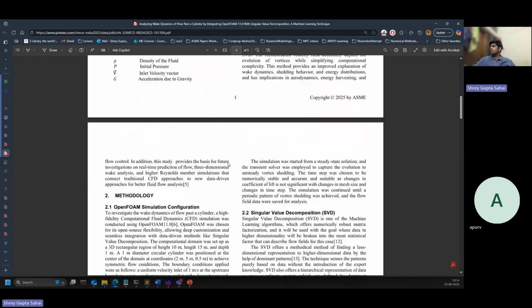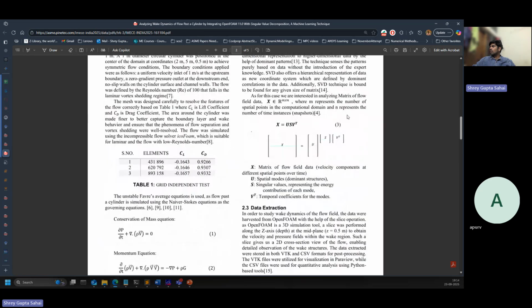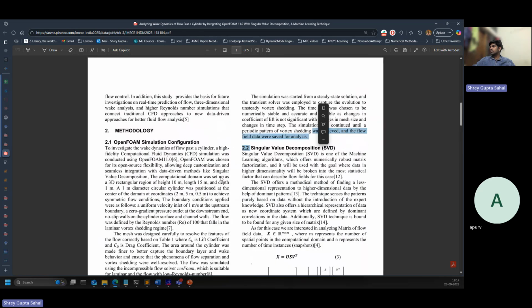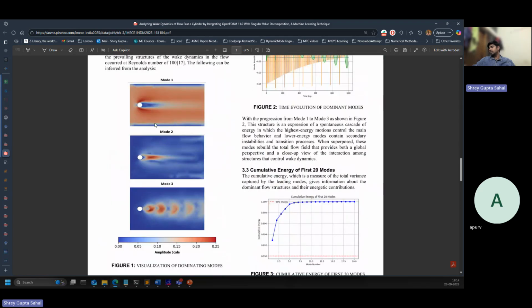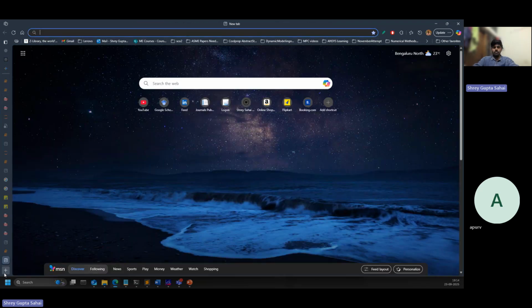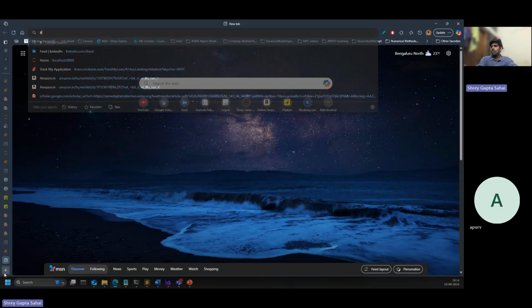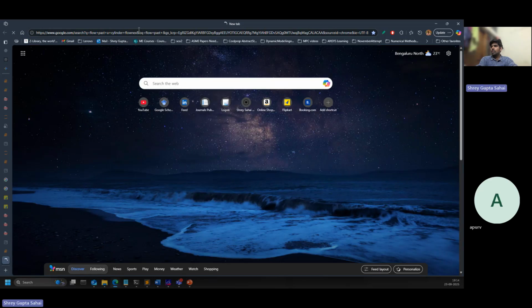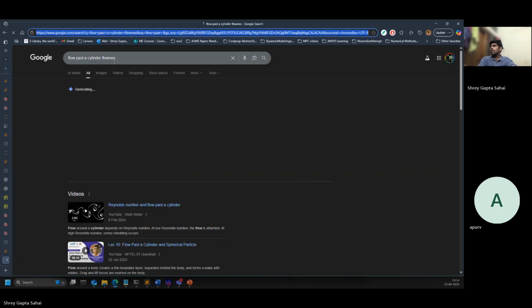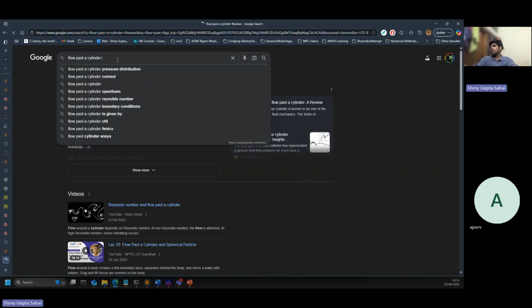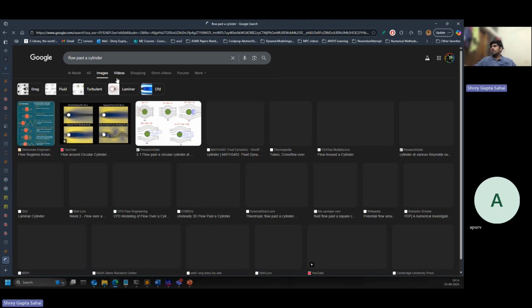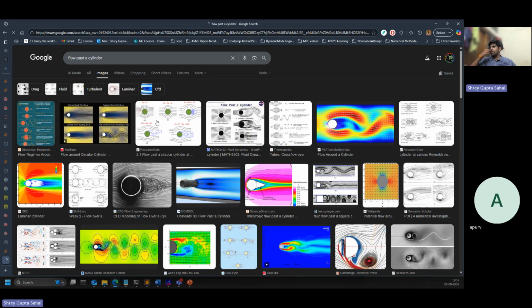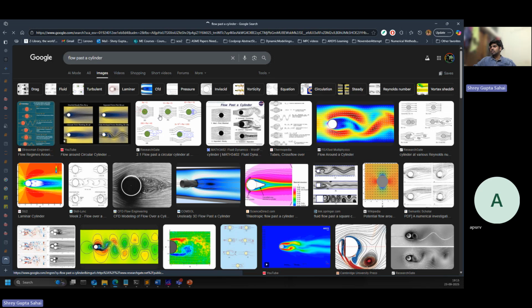Okay, so they talk about the singular value decomposition, but I would rather talk about this flow past cylinder system. It's a canonical problem, nothing very fancy there. As you would know, the solution changes depending on what the Reynolds number is.